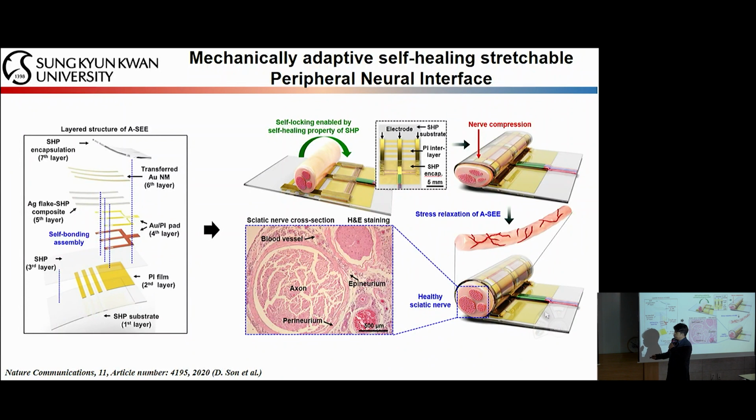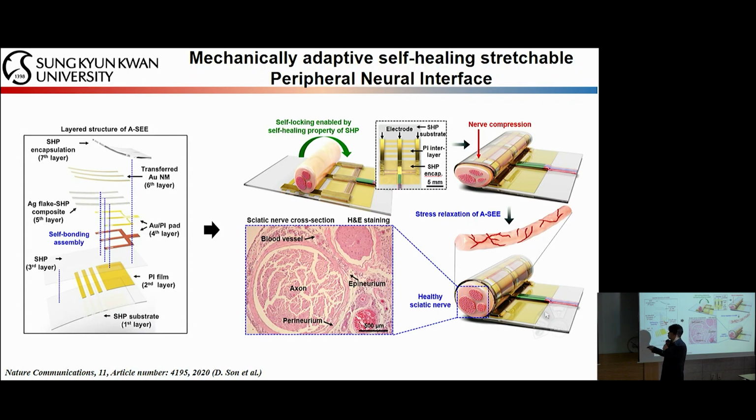And you know, we are using the self-healing material. It means we can assemble individual parts into the self-healing peripheral neural interface easily. And like I said, we can just wrap the peripheral nerve like this. At this time, compression occurs around the perimeter of the peripheral nerve.